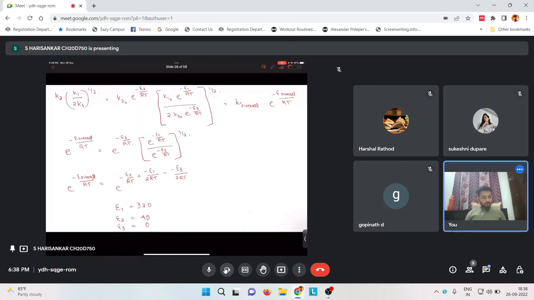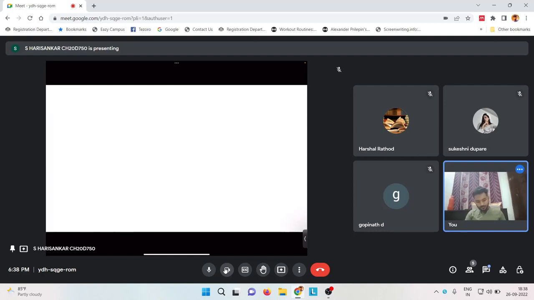Okay. So now let us first equate the exponential terms. Again, e^(-E overall/RT) is equal to e^(-E2/RT plus (-E1/2RT) minus (-E3/2RT)).